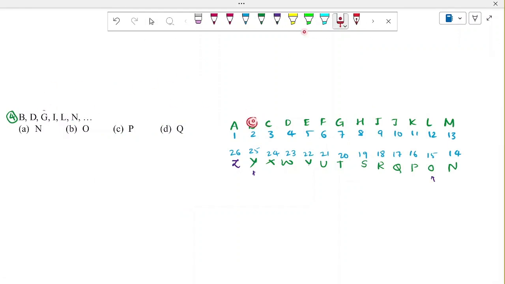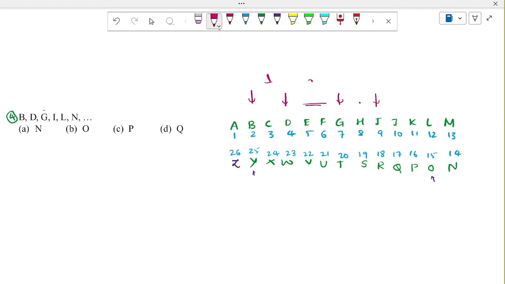We have got B, D, and then G. So observe there is one gap, then two. So it will be three. Check. We have got next K or not? No. So it is B, D, and then G. We have got two gap here, and then I. One.